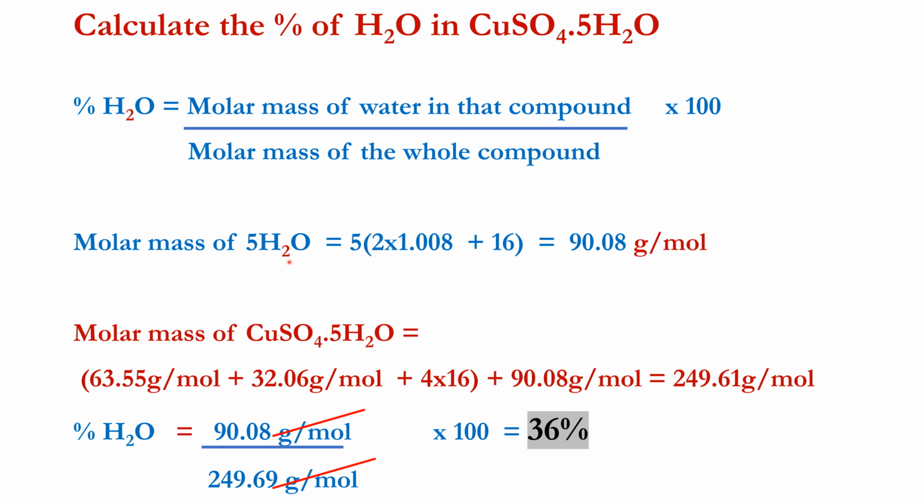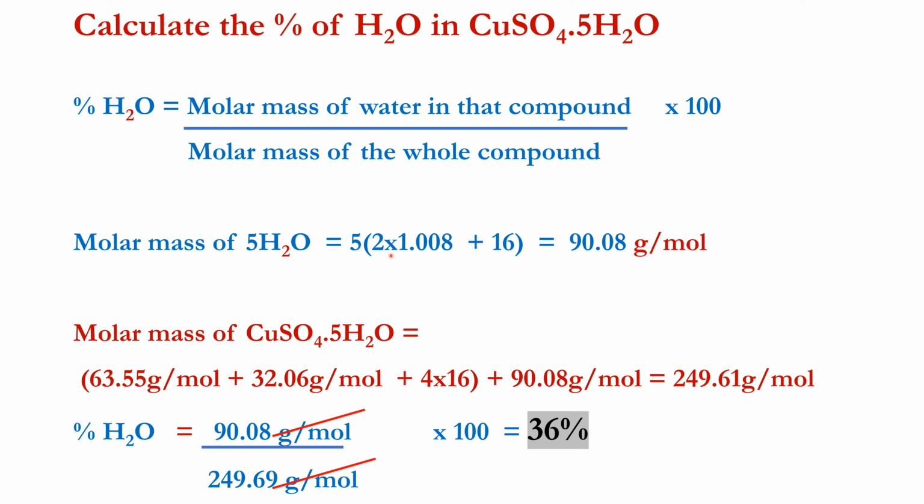So the first thing we do is to calculate the molar mass for 5 molecules of water. So this will be equal to 5 because we have 5 water molecules, multiplied by 2 times 1.008. So this 1.008 is the molecular weight for hydrogen, which you find in the periodic table, and the unit is gram per mole.